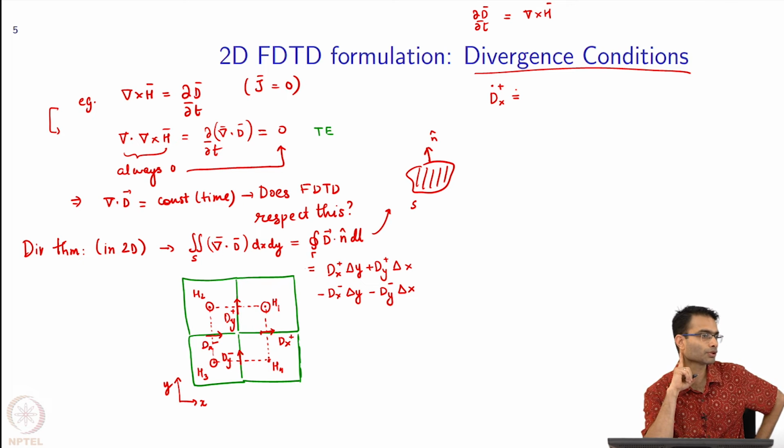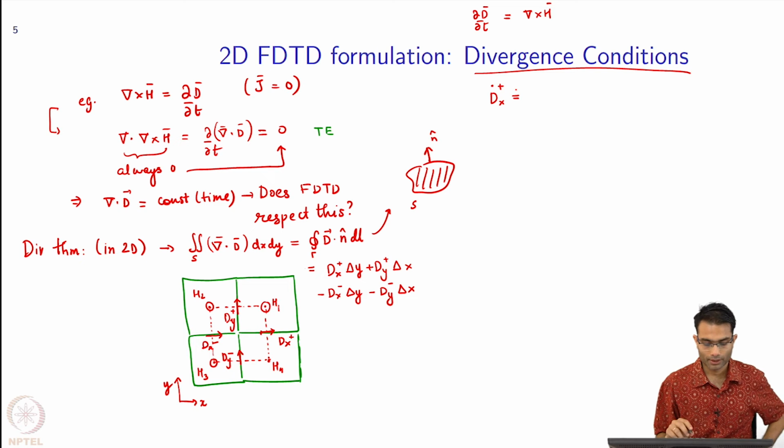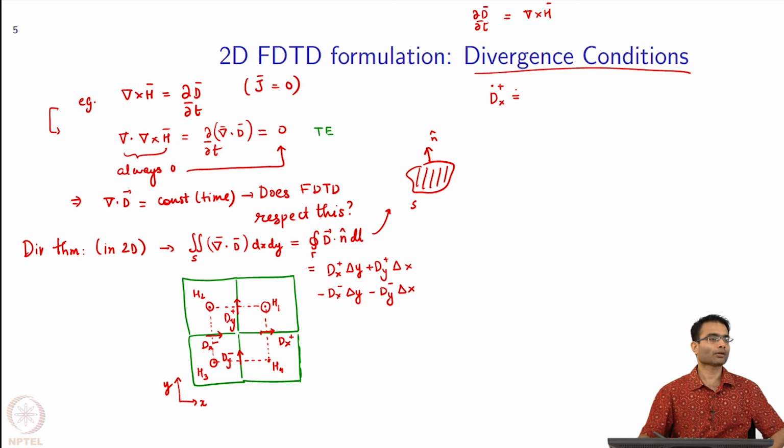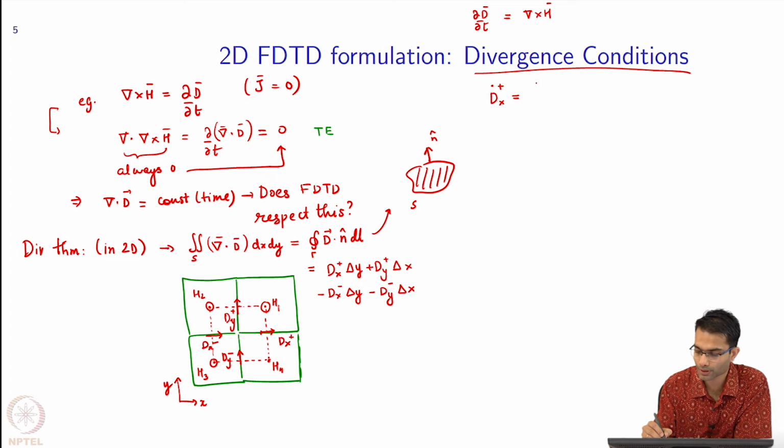This should be proportional to del H by del y, correct? You remember the mnemonic we had made, top minus bottom. So top minus bottom will give us what in terms of the variables? For Dx plus, what is top? Which value of H? H1.